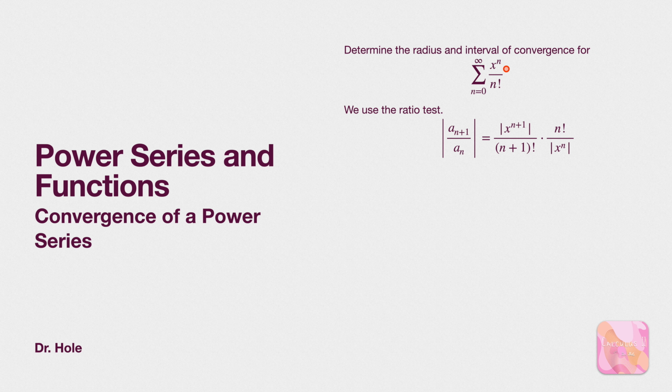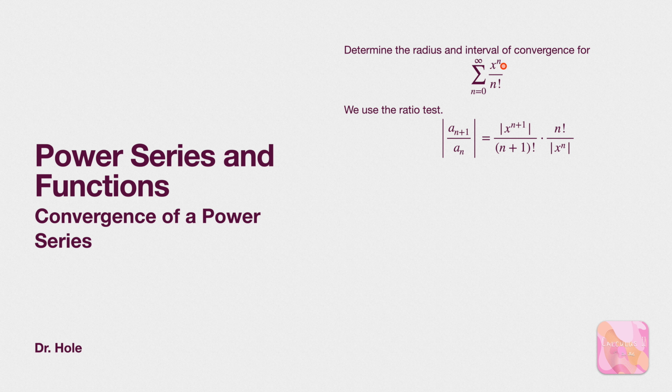Remember that x is a variable, so x could be 0, could be a positive value, could be a negative value. If we're looking for convergence, then we're going to apply the ratio test. The ratio test is looking at the absolute value of the ratio of the next term over the current term.